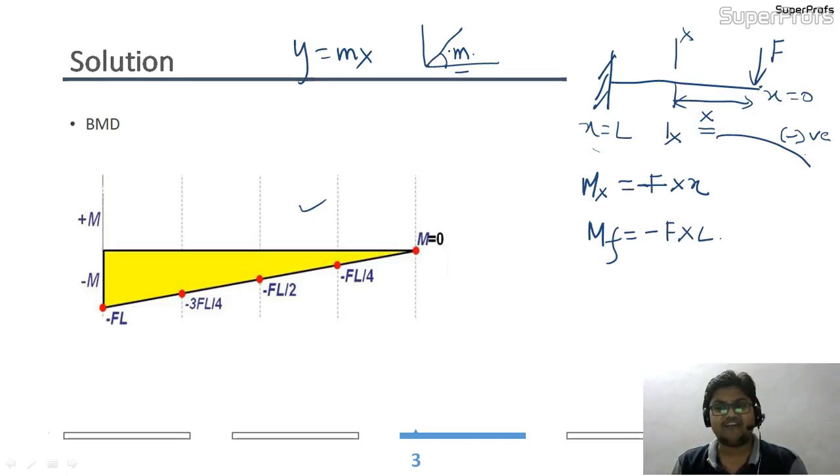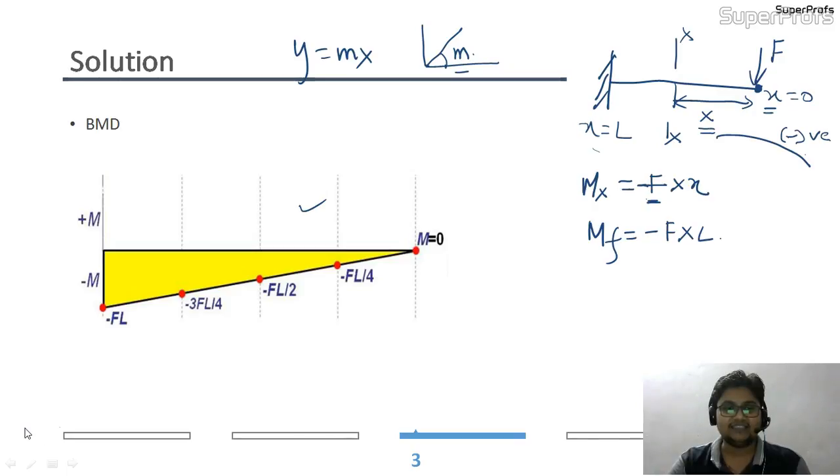In a similar fashion, if you consider our origin to be at this position, because I am measuring x from x equal to 0 and going towards the left, what is the magnitude of the slope that I have? Mx equals minus F into x, and our slope is minus F.